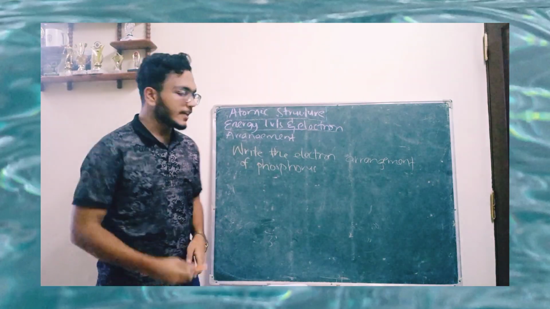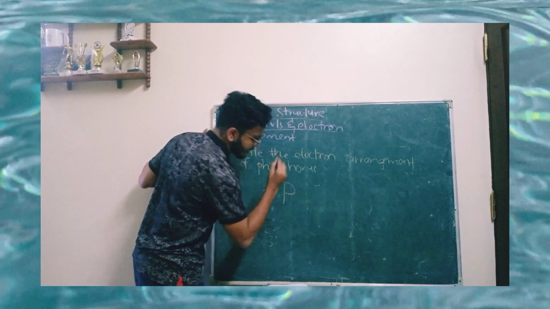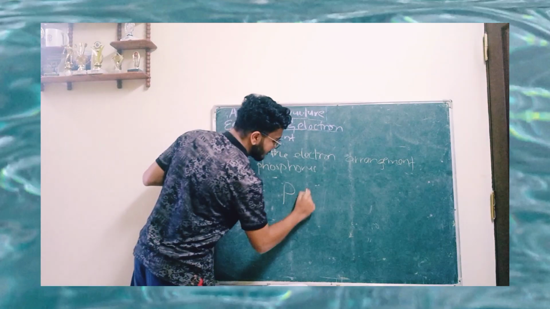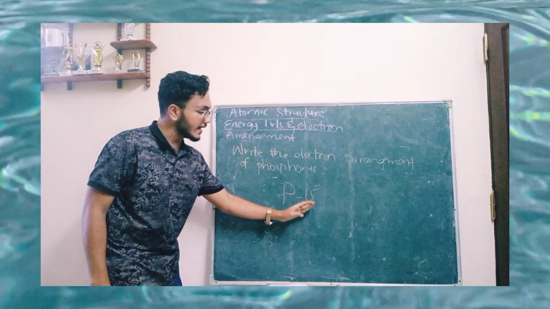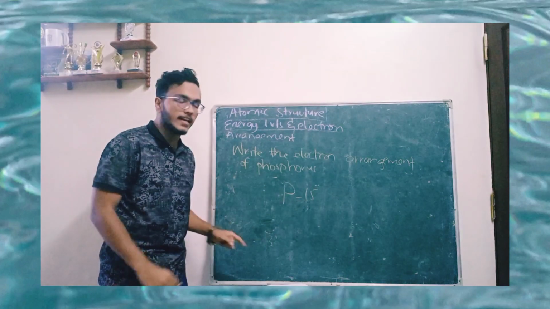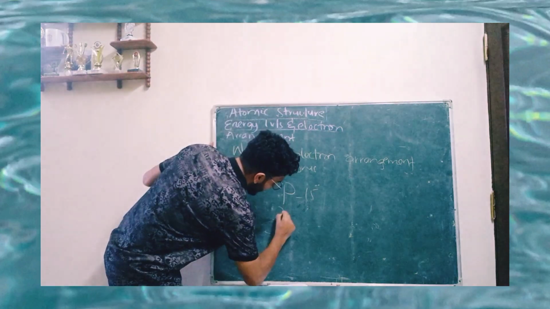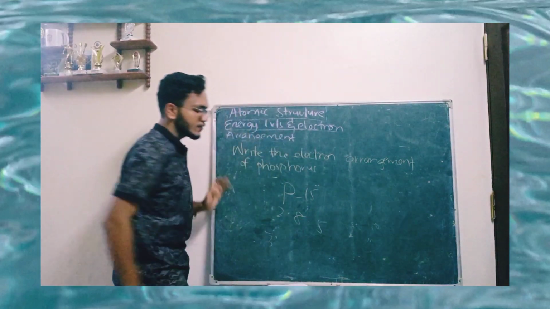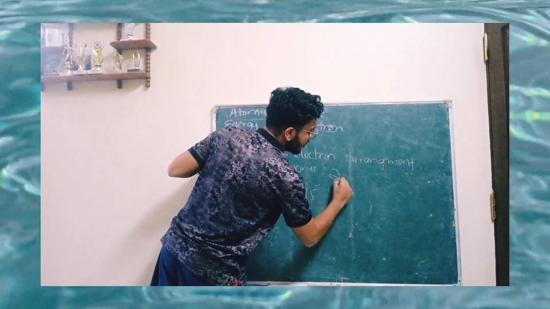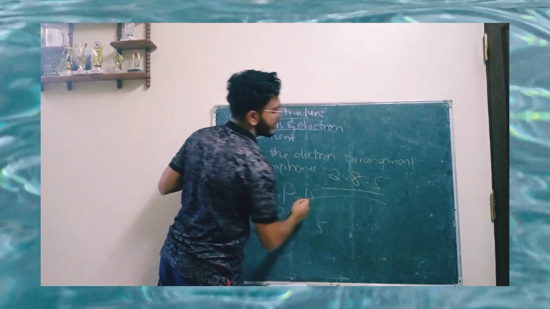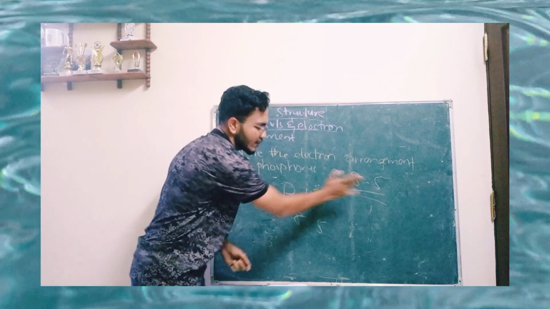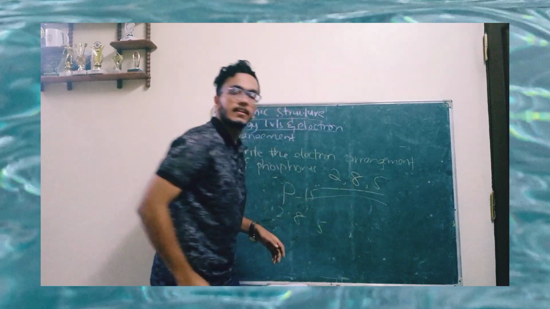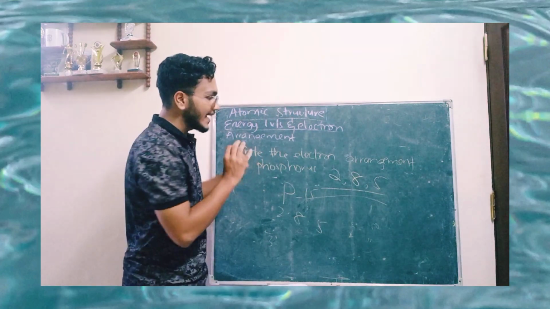Phosphorus is number 15, so just write P15. This shows the number of electrons phosphorus has, which are 15. The first energy level has 2 electrons, the second energy level has 8 electrons, and the third energy level has 5 electrons. So phosphorus is represented as 2.8.5. This is the electron arrangement of phosphorus. Or instead of dots, you can use commas. These are the only 2 ways of writing electron arrangement.